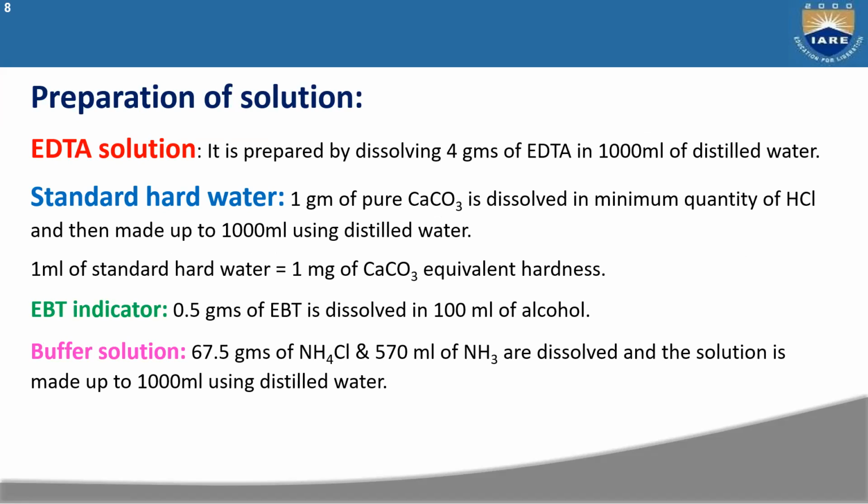That hard water contains 1 gram of calcium carbonate. So what is the molecular weight of calcium carbonate? 100. Okay. So 1 gram of pure calcium carbonate is dissolved in a minimum quantity of HCl and then made up to 1000 ml using distilled water.